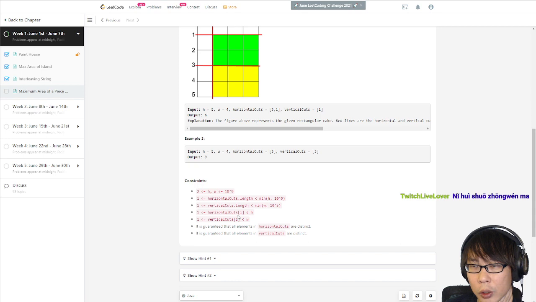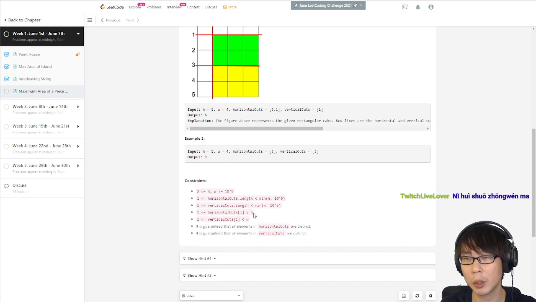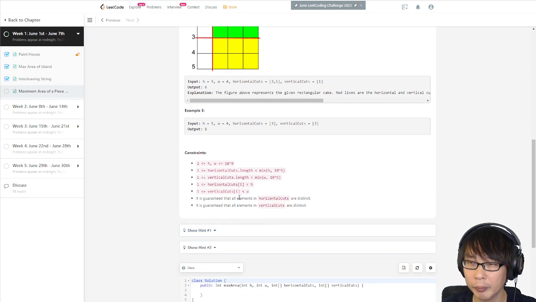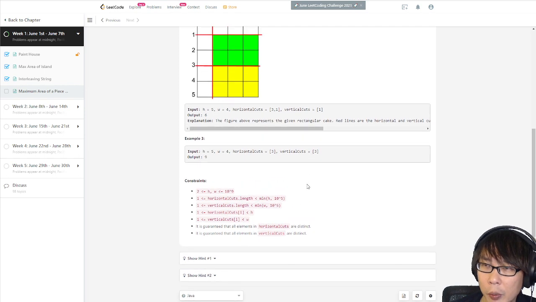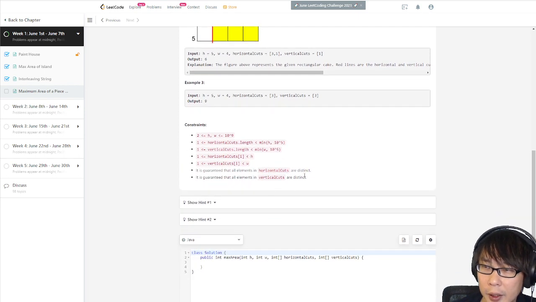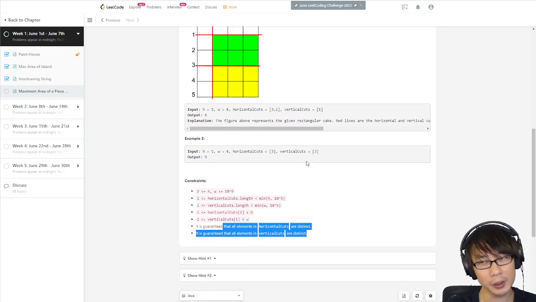And each number will be between 1 and h, of course, and 1 and w. It's guaranteed that all elements are distinct, so we won't have a duplicate cut. And the same for vertical cut. So we have 2 hints.